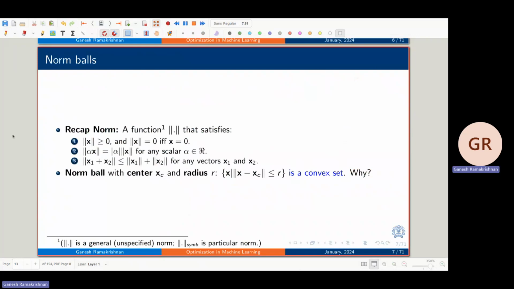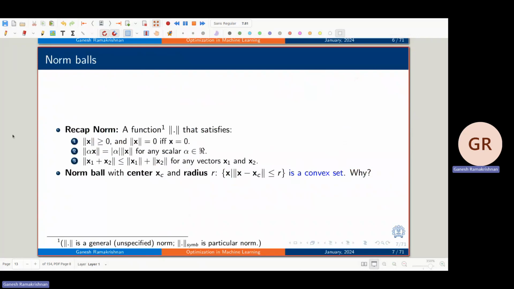What is a norm? A norm is a function that satisfies positivity, or rather non-negativity, and it should vanish only if the point is 0. Second, if you have any scalar alpha, you multiply it, take the norm, it amounts to multiplying the norm with the magnitude of alpha.